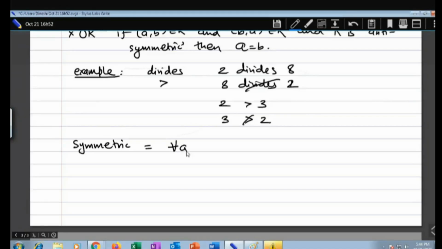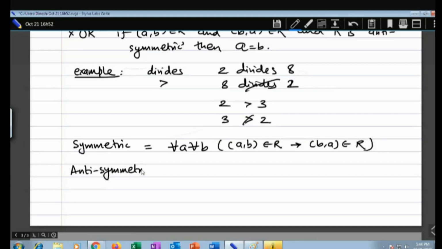Let's say for all a and b, a comma b is in R implies that b comma a must be in R. And then for antisymmetric, again for all a and b, a comma b is in R and b comma a is in R implies that a is equal to b.